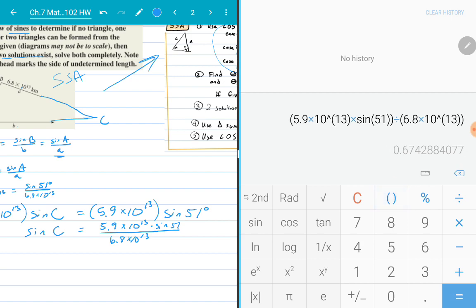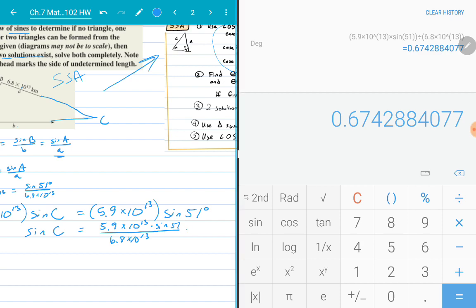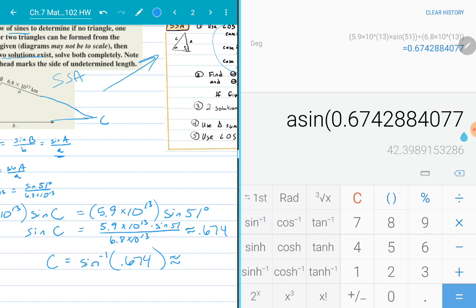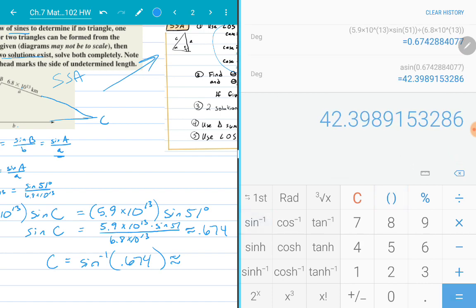That gives me 0.674. So to find C, I take sine inverse of that, which is approximately 42.4 degrees.